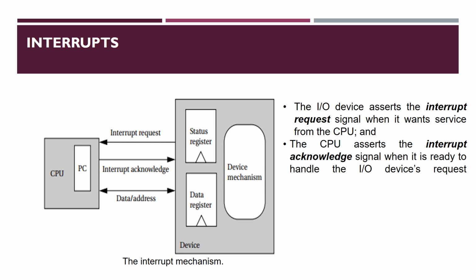So in this diagram, the interface of the interrupt mechanism has been shown. Whenever the input-output devices send the request for the interrupt, the CPU will check for the interrupt priority and it will send back the interrupt acknowledge. Whenever it releases the interrupt acknowledge, the CPU will not further fetch the address from the program counter.